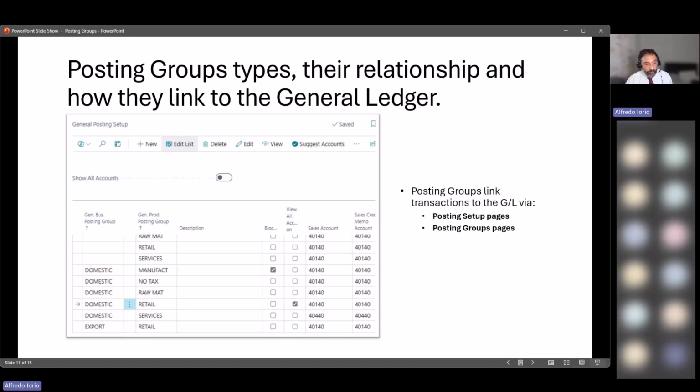In this case, the only difference here is with services. That goes to 40440. So I only need 2 combinations of posting groups for this client.